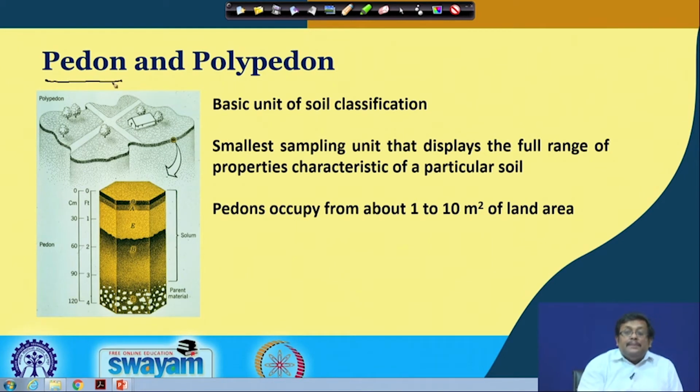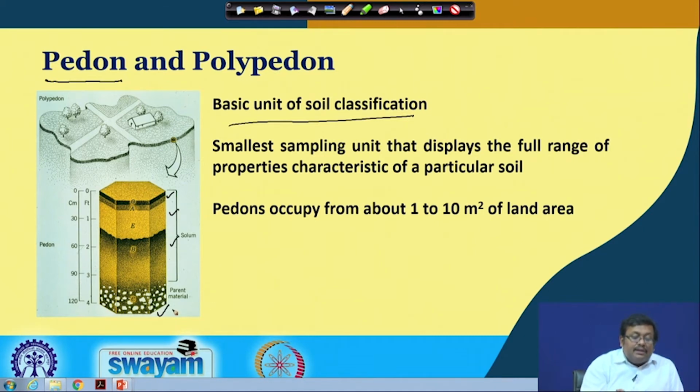Pedon is basically the basic unit of soil classification, and it is the smallest sampling unit that displays the full range of properties characteristic of a particular soil. One pedon can be described by this imaginary three-dimensional structure, and as you can see, all the individual horizons you discussed in the last class are present here.